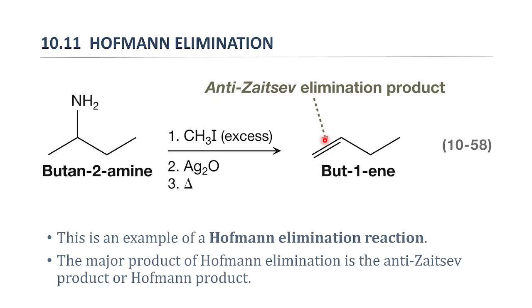This is actually the less stable product normally. And so of the possible elimination products, which could have been here or here, we're getting the less stable one, the anti-Zaitsev one. And that's why this is referred to as the Hofmann product and the Hofmann elimination, because it's the one we normally would not see. So we need to reconcile these 2 things in our mechanism here.